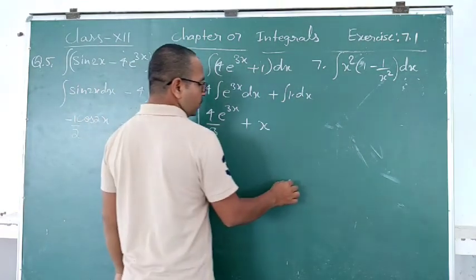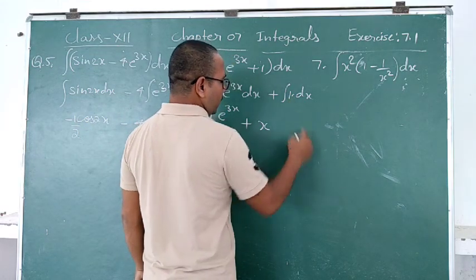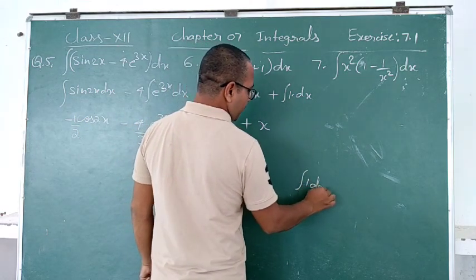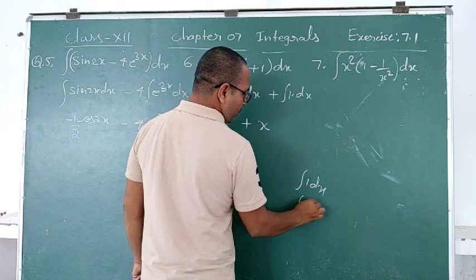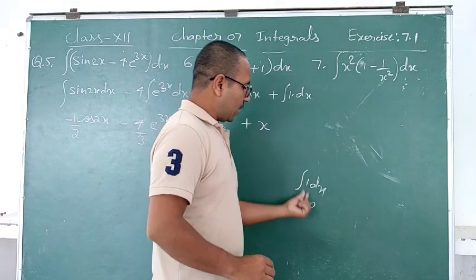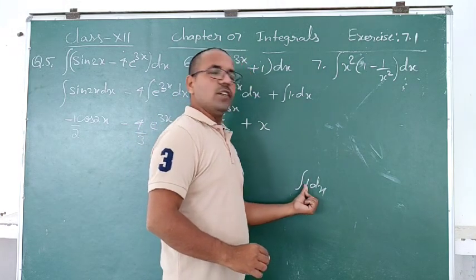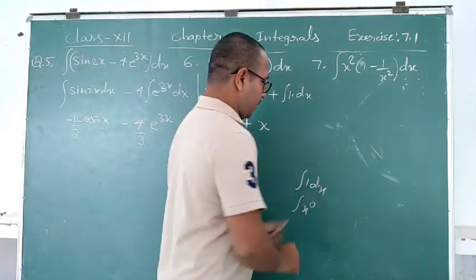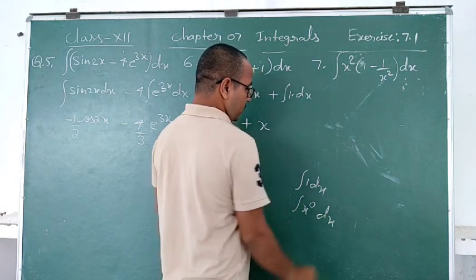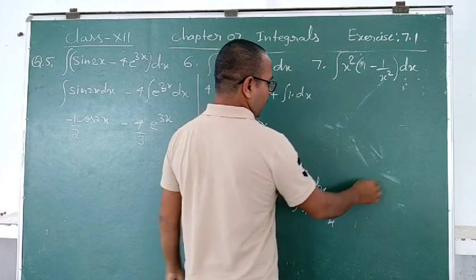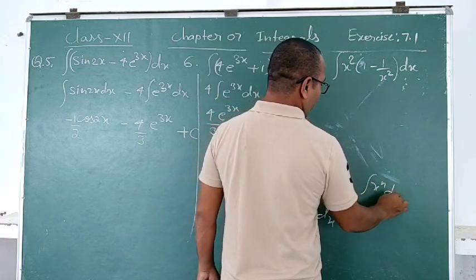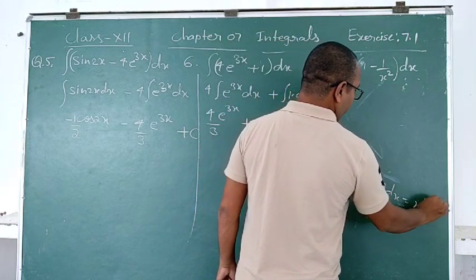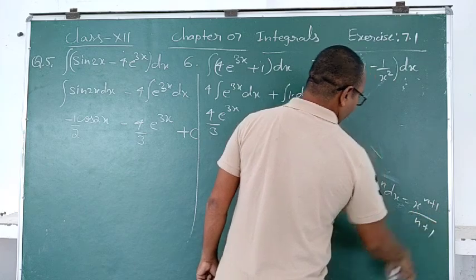Just we have used this formula as 1. This integral 1 dx can be written as x to the power 0 also, because x to the power 0 will give you 1 only, and dx. So now you can use the x to the power n formula, that is x to the power n plus 1 by n plus 1.